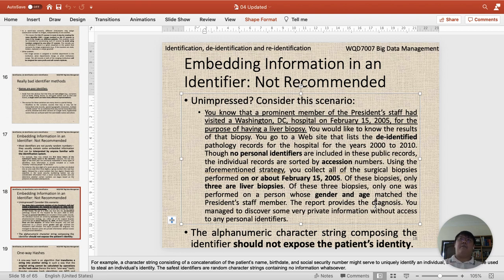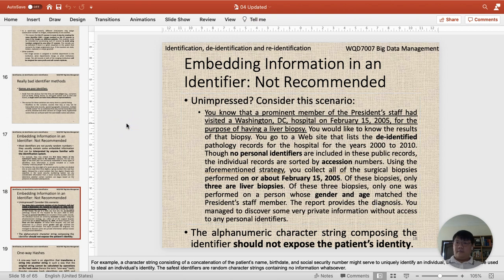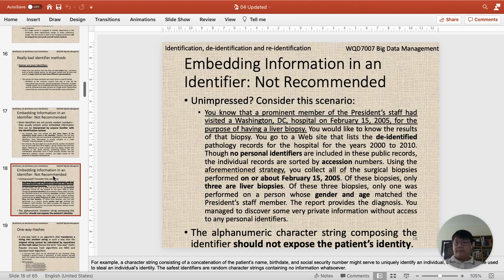Because when you have the date of birth and also the last digit of the IC, then you know the gender and age. Right, you can basically generate the gender and age from there. So this is how we are justifying that personal identifier information is really not recommended.